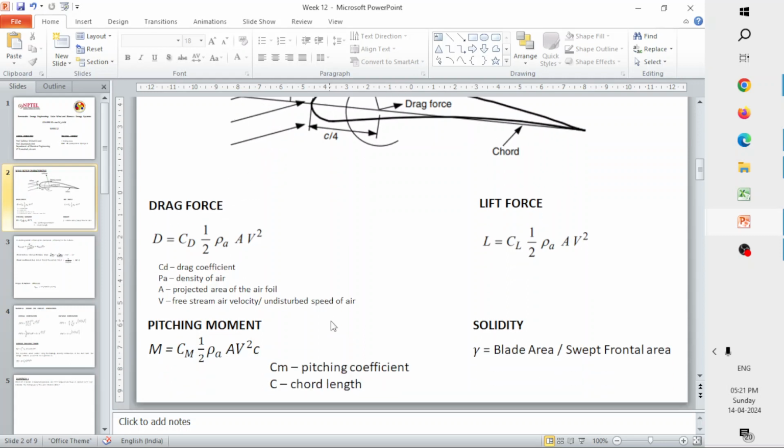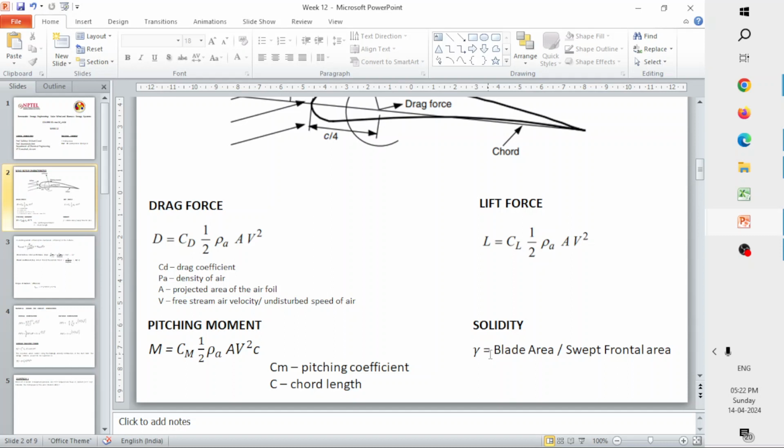After that you have one more parameter, called the solidity, which is represented by the term gamma. The solidity is expressed as the ratio of the blade area to the swept frontal area. The swept frontal area is the area swept by your rotor.